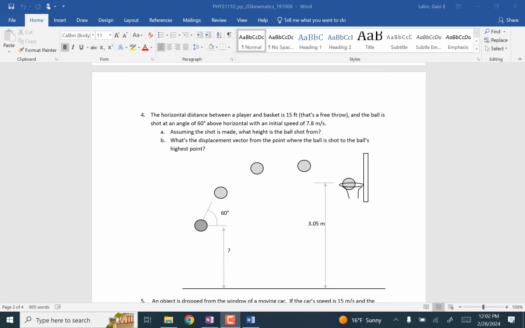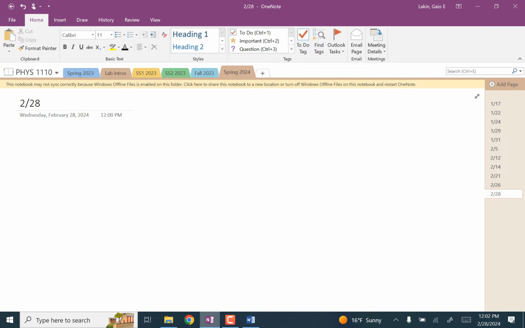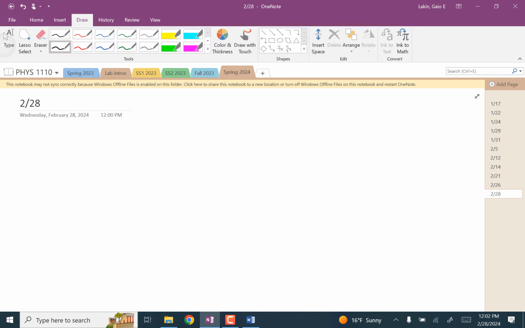So, this is particle kinematics. Number 4.